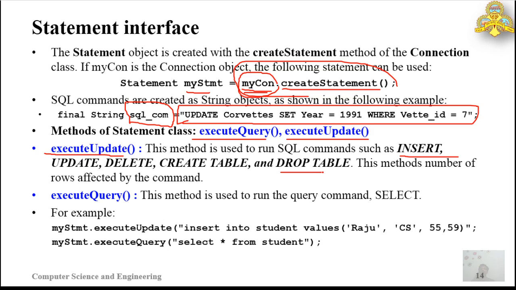These are collectively called action commands, and these introduce some modification in the existing structure of the database and also tables. The second function, executeQuery, is used to run query commands, that is SQL commands, and this returns some rows to the caller.